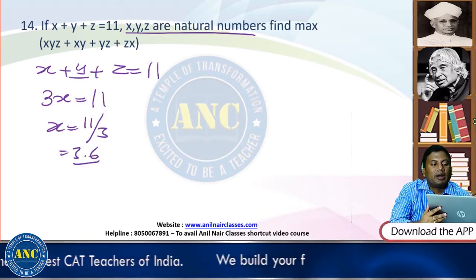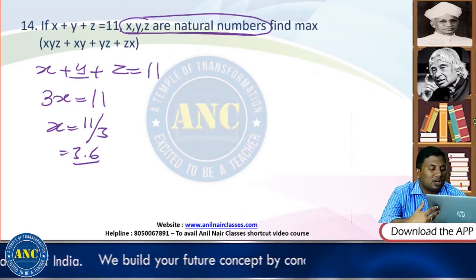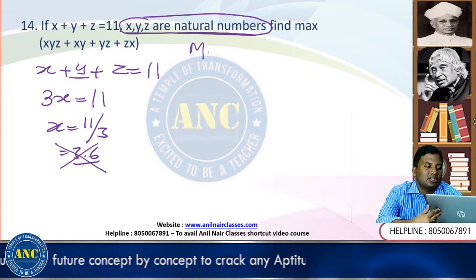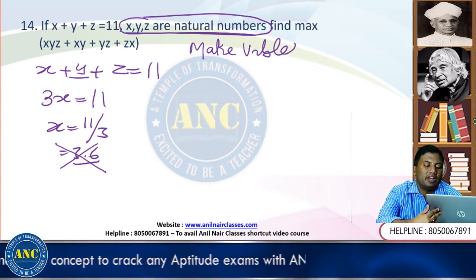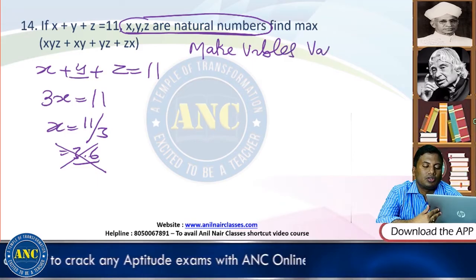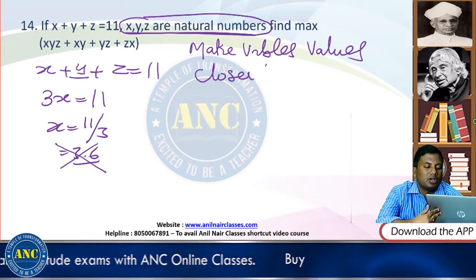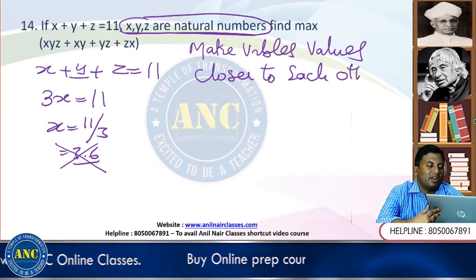But x, y, z are natural numbers, so it cannot be 3 point something. So the idea is to make the variable values closer to each other. Make all of them come very, very close.